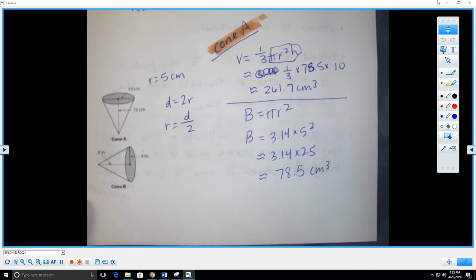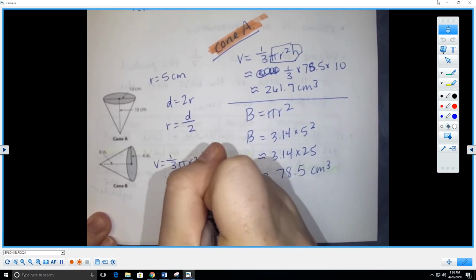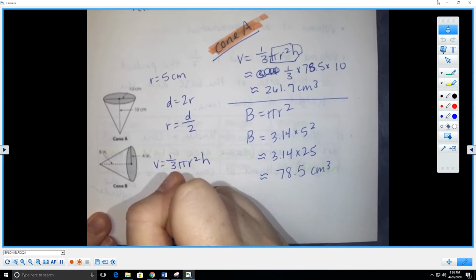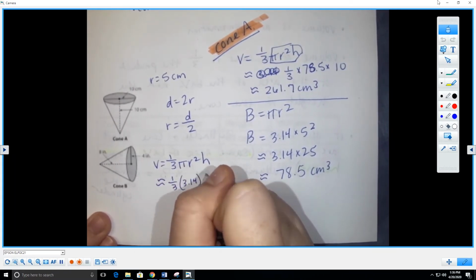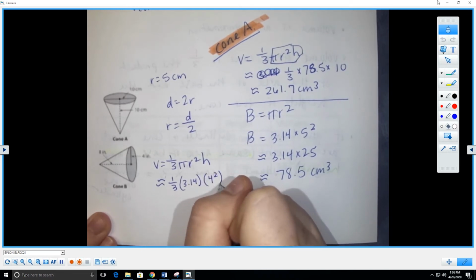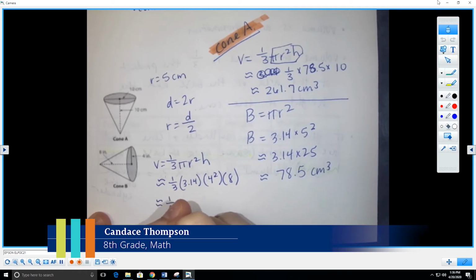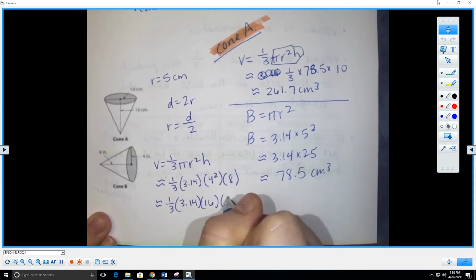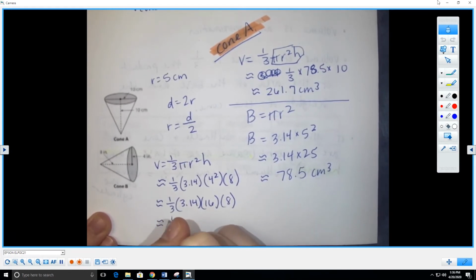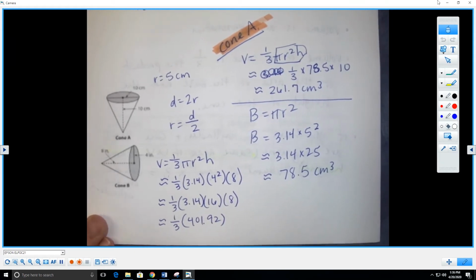All right, so get your pencil and paper ready, and let's look at cone B. So we have volume equals 1/3 pi r squared times height. So that's going to be 1/3 times 3.14 times 4 squared times 8, which is going to be 1/3 times 3.14 times 16 times 8, which is going to be 1/3 times 401.92.